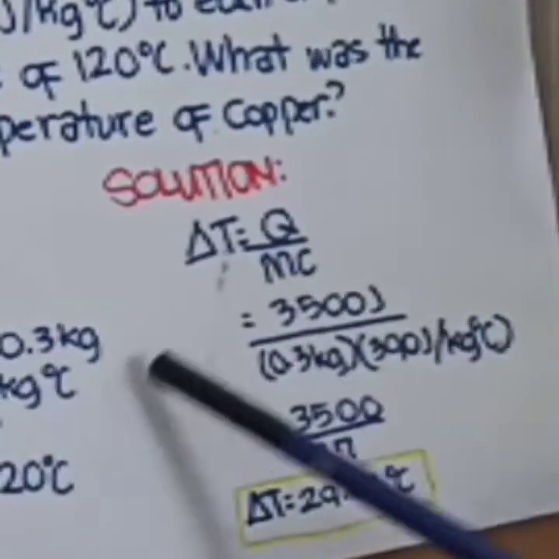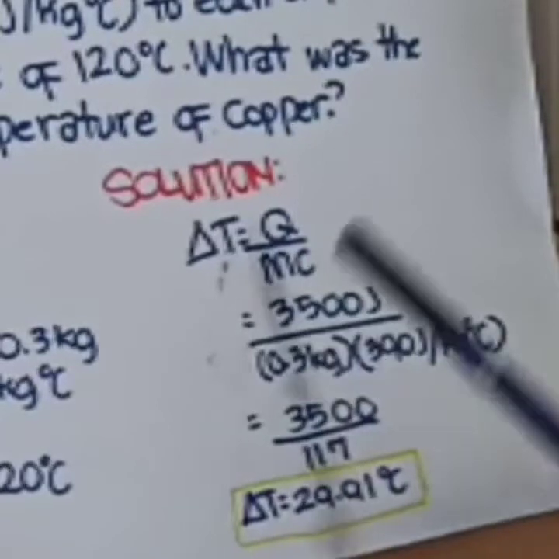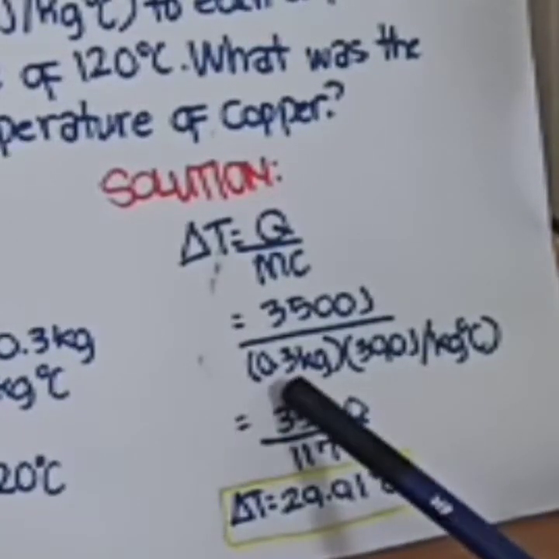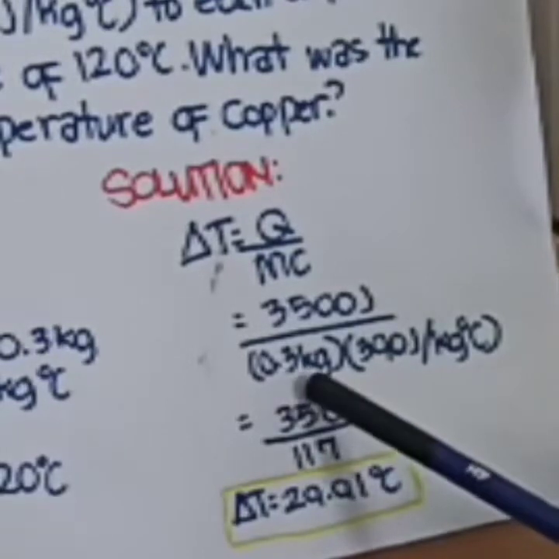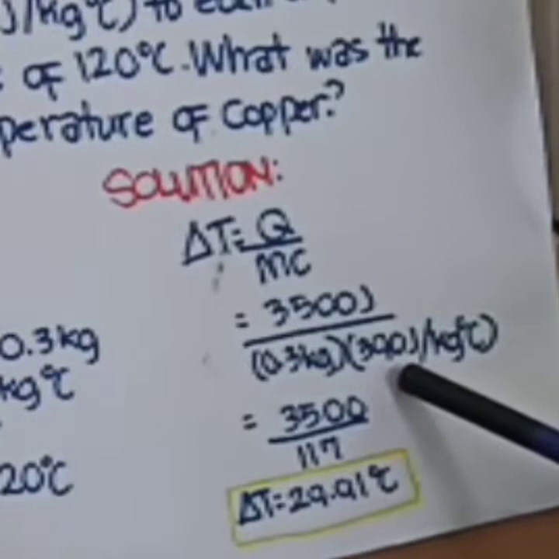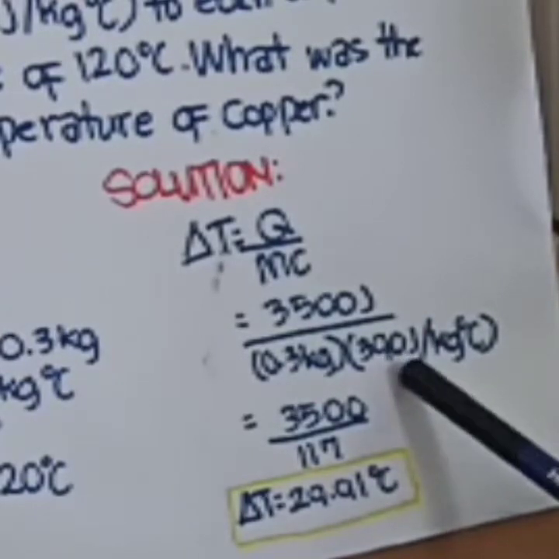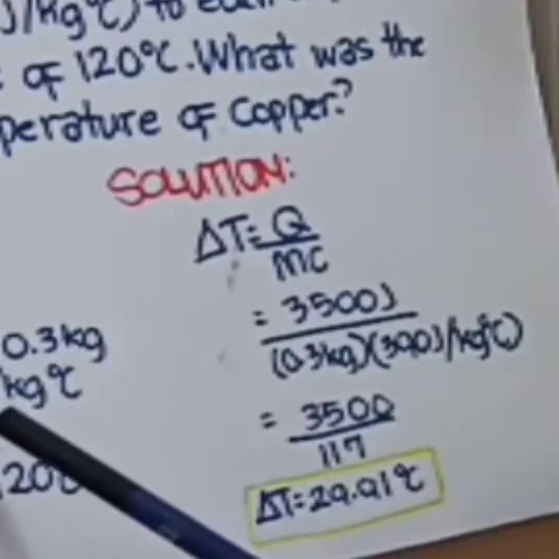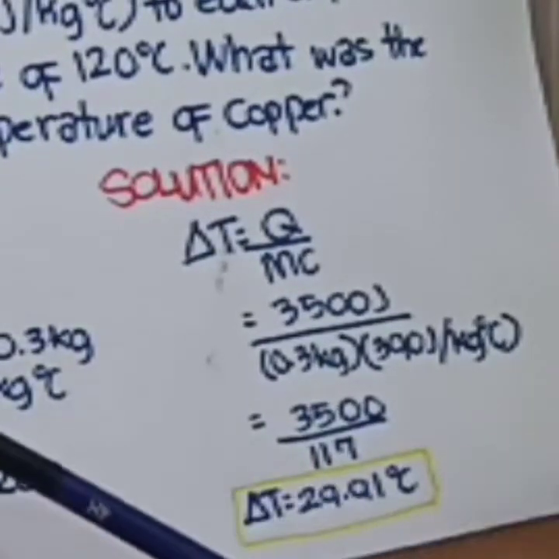The heat evolved is 3,500. Then over the 0.3 kilogram, which is the mass, and the 390 joules per kilogram degrees Celsius, which is the specific heat.